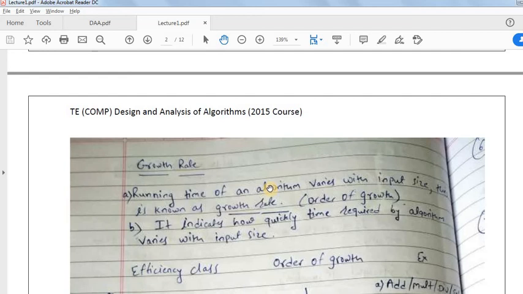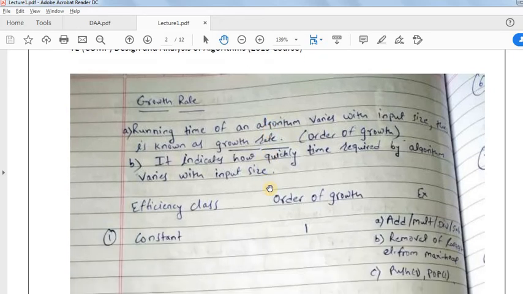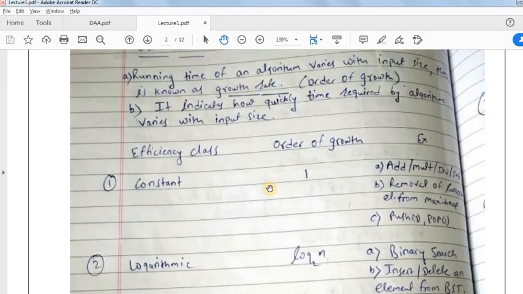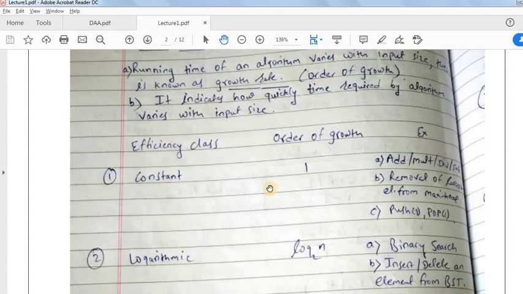So as input size grows, we will have growth in the running time of an algorithm. This terminology is known as growth rate or order of growth. This growth rate indicates how the time required by any algorithm varies with the size of input.